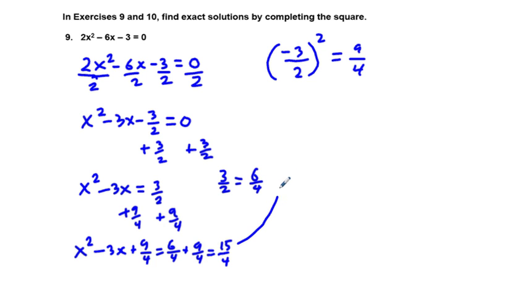Okay, so now I'm going to come up to the right and work here. I get x squared minus 3x plus 9/4 is equal to 15/4.